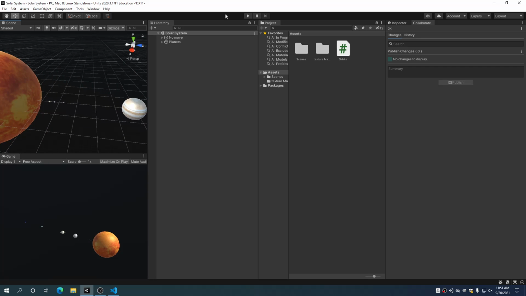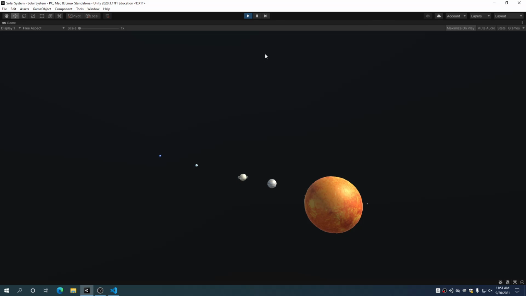If we play it, it's semi to scale. There are some parts that aren't exactly to scale, but for example, the planets are all in scale to each other, and the sun is around half the size of its typical real-life size.